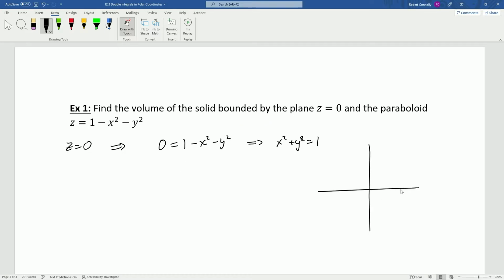And that's just the circle with radius 1. So if I want to integrate over the circle, I can just consider r between 0 and 1, and theta between 0 and 2 pi.